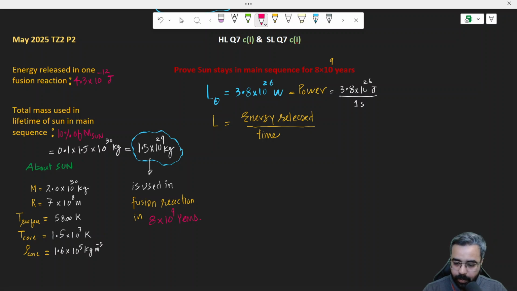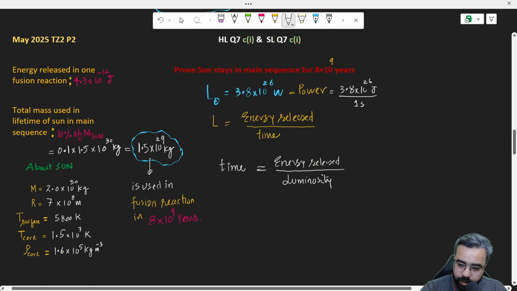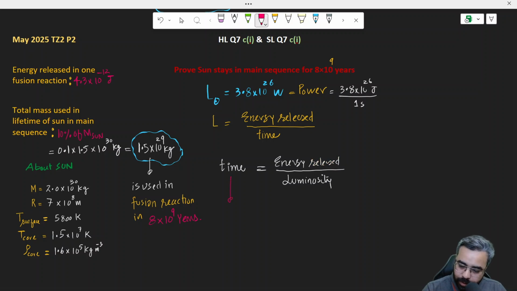All right, so don't you think now we can make a method? If I take the time to the other side, then I can say the energy released over luminosity. What if I say this is the whole lifetime of the sun in the main sequence? So let's just make an equation logically.